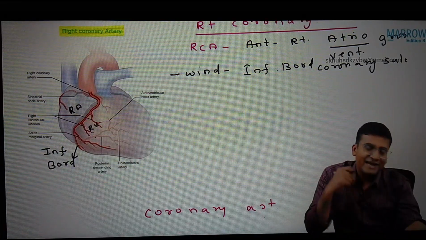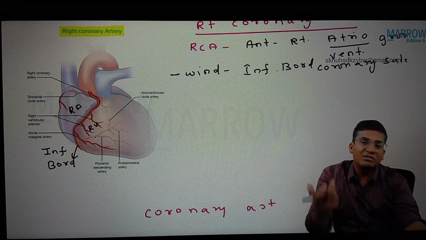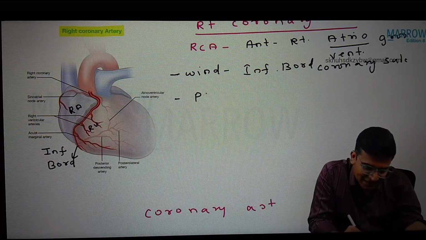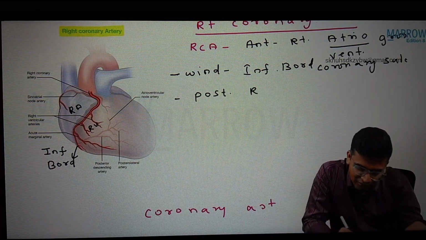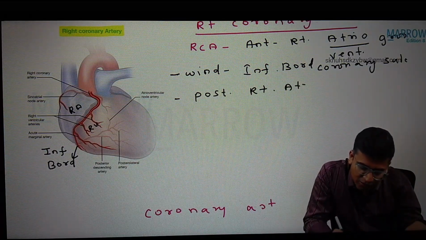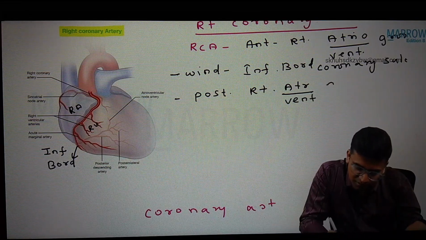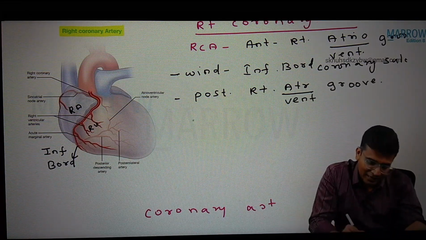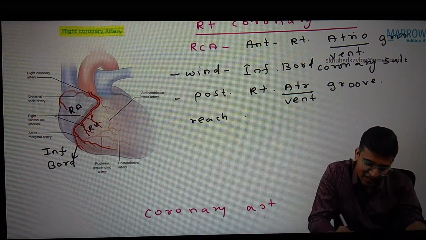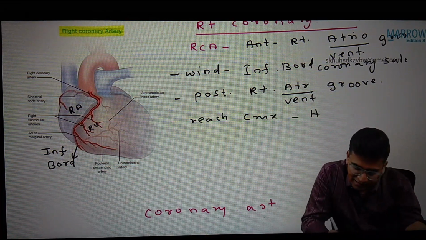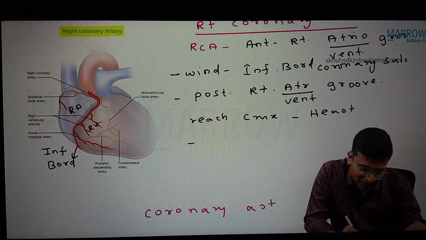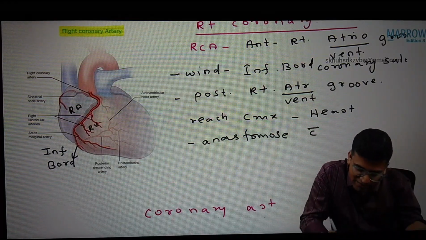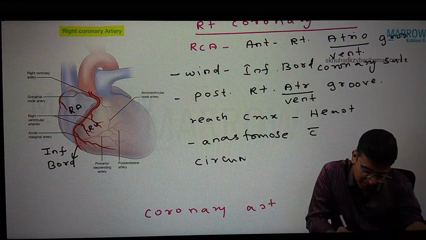After winding around the inferior border, the right coronary artery again passes between the atrium and ventricle on the back side. So the artery passes in the posterior part of the right atrioventricular groove, or the posterior part of the right coronary sulcus, and reaches the crux of the heart. After reaching the crux of the heart, the artery anastomoses with the circumflex artery.